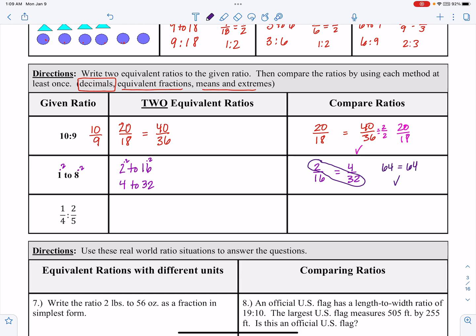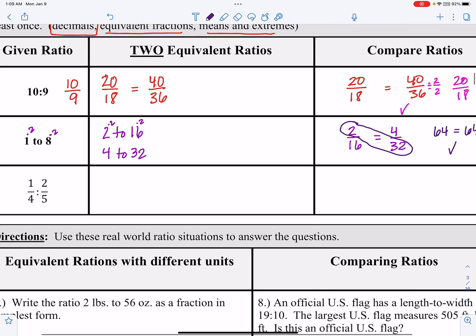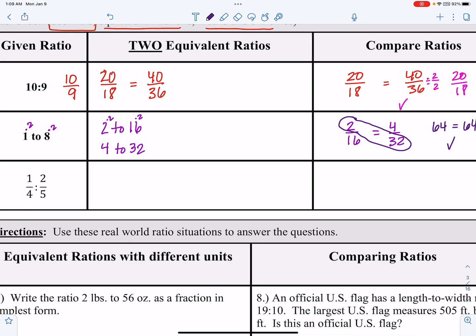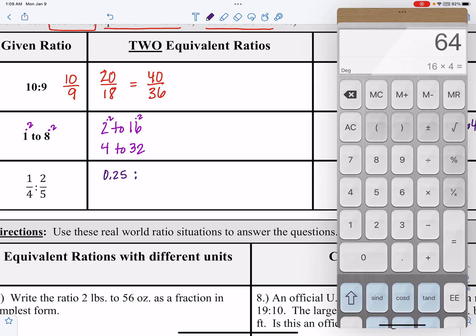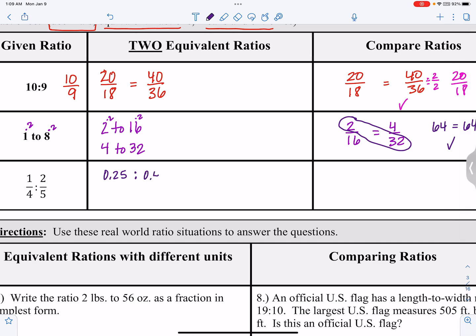All right, so next one, let's go ahead and look at these fractions. We can go ahead and write these as decimals and go from there. So let's see, 1/4 we know is 0.25, and 2/5 is 0.4.